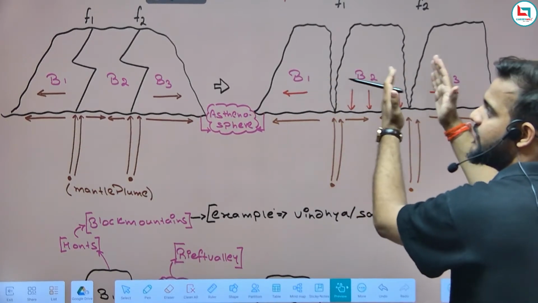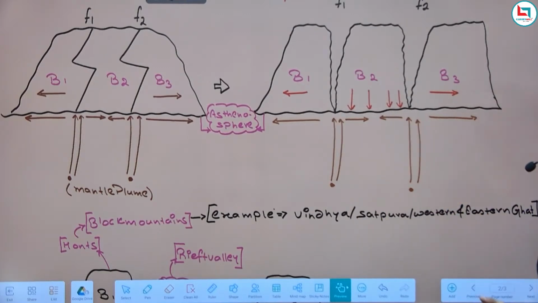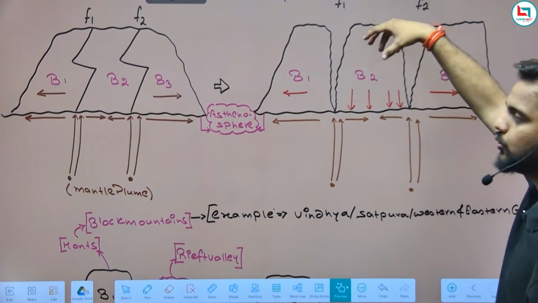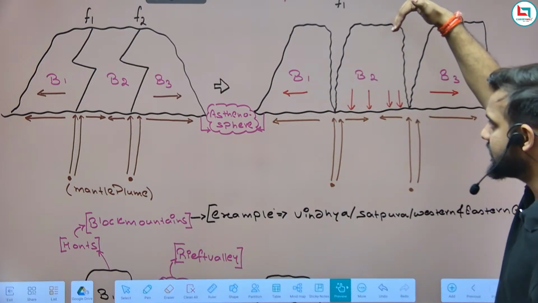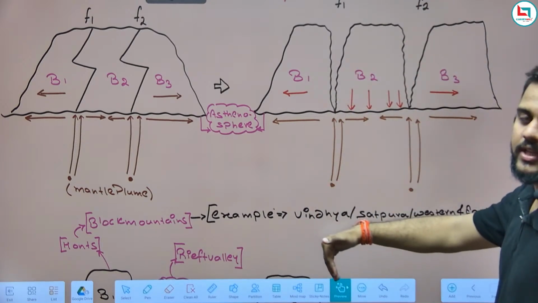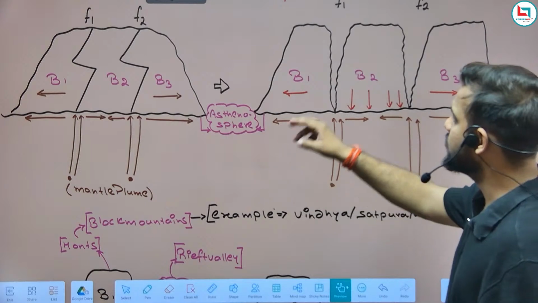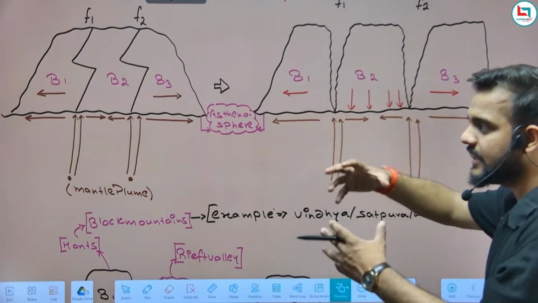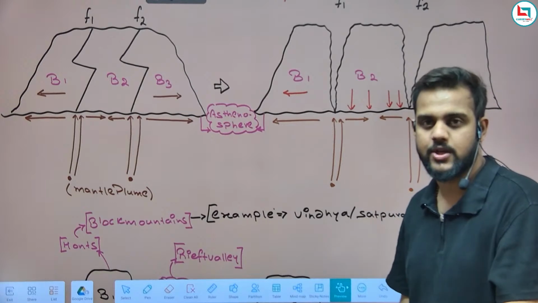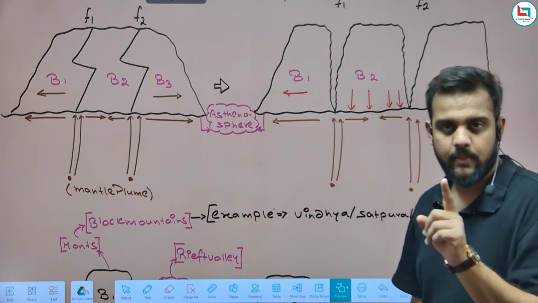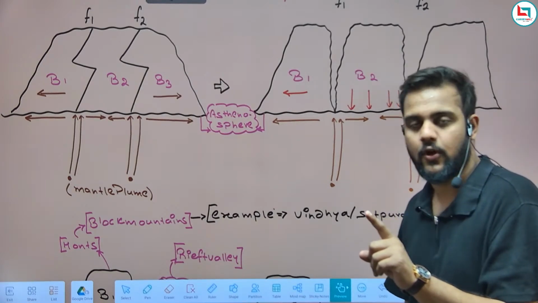They are moving away from each other. That's why the mechanical force over B2 is decreasing and B2 is sliding down into the asthenosphere. So B1 and B3 will get upraised, which is known as upwarping, and there is the formation of the block mountain by the process of faulting.